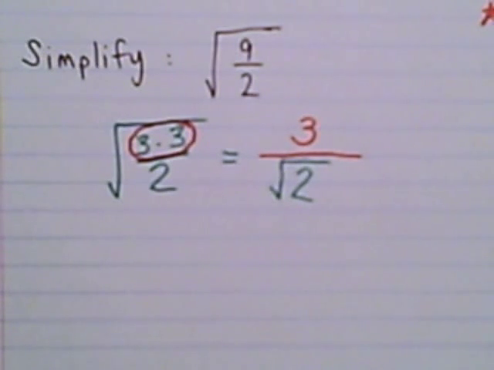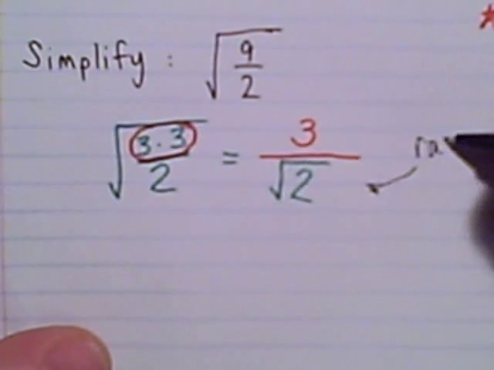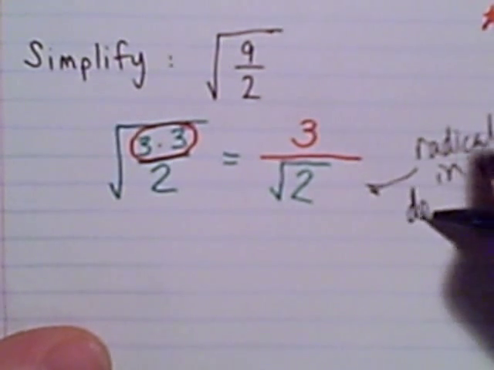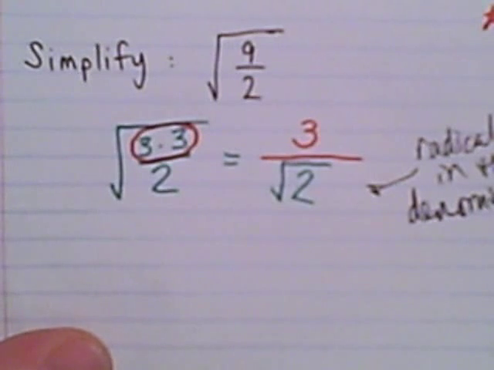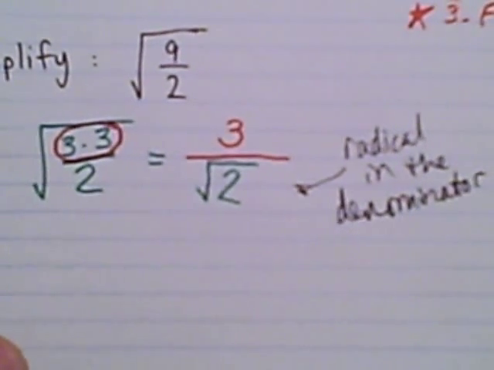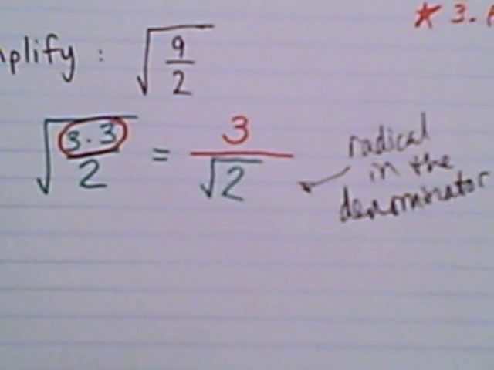And that's where this problem pauses. It really is not over. What we want to notice is that there is a radical in the denominator. And in the examples that we've looked at so far, we have not had any final answer that was simplified where there was a radical in the denominator.